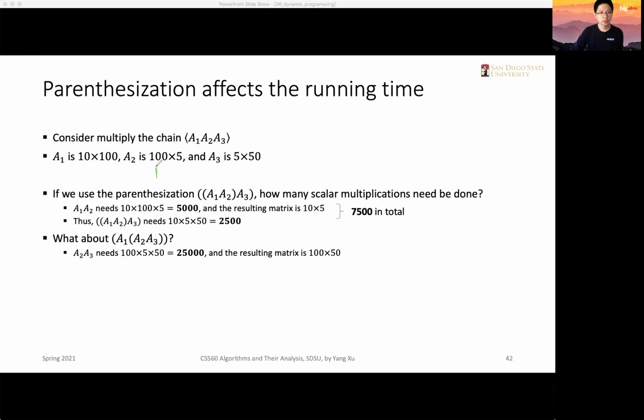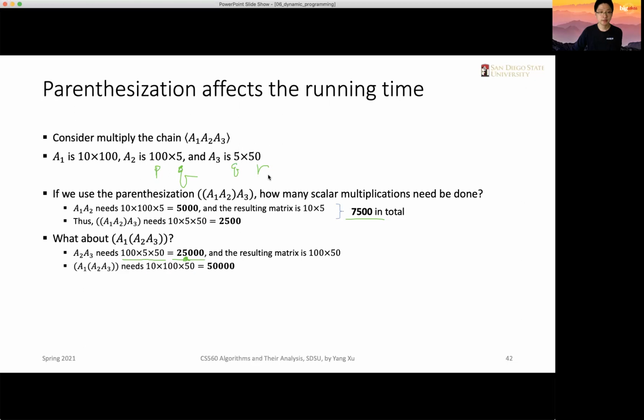The P would be 100, Q would be 5, and the Q would be 5, and R would be 50. So PQR would be 100 times 5 times 50, which is already 25,000. That's already significant, much larger than the 7,500 one, right?